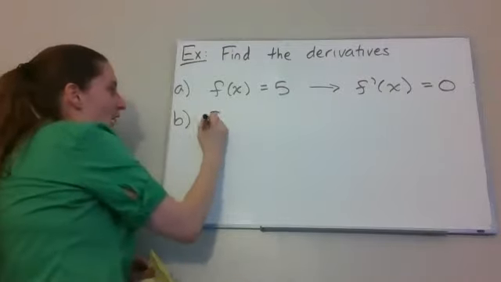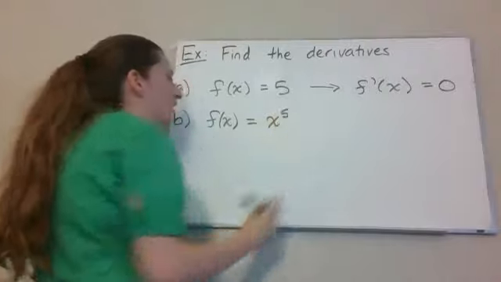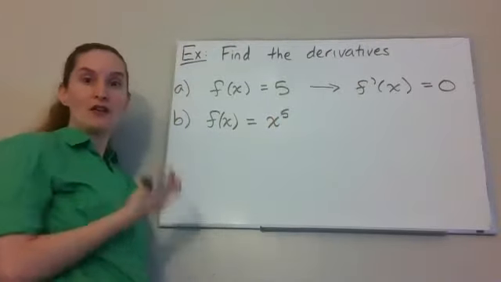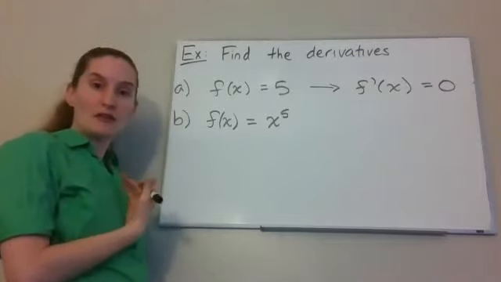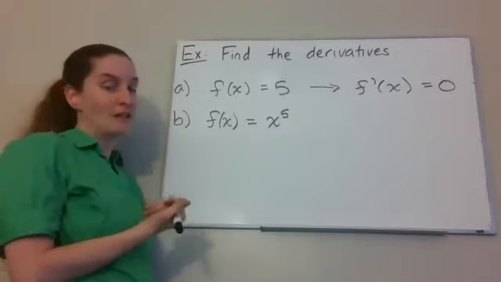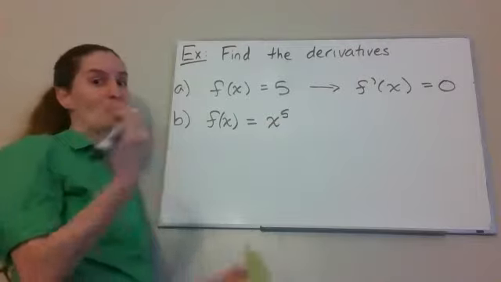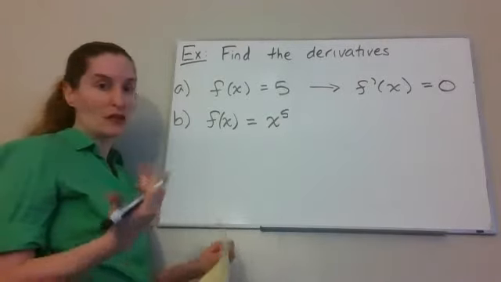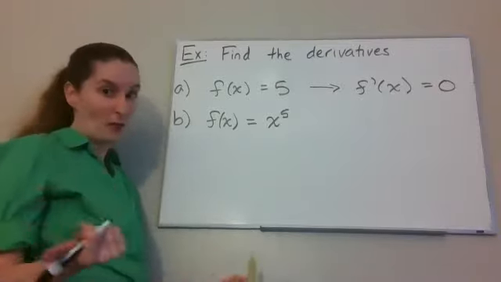How about if f of x equals x to the 5th? Well, before this video, you would see this and you would have to do the limit as h approaches 0 of x plus h to the 5th minus x to the 5th all over h. And you would have to, for that x plus h to the 5th, do a whole lot of distribution, combining like terms before you could get the answer. But now we have our power rule.